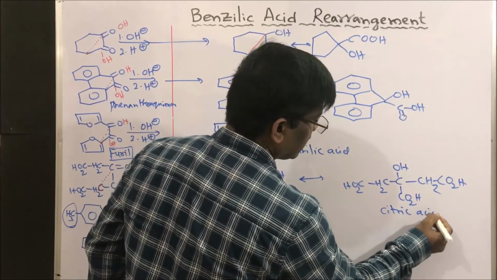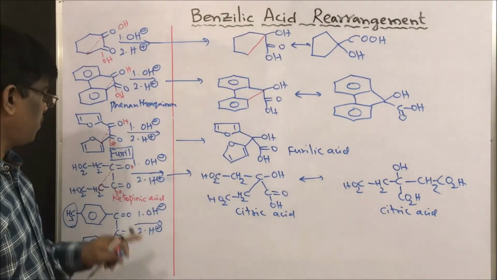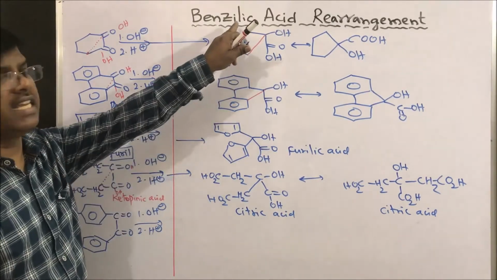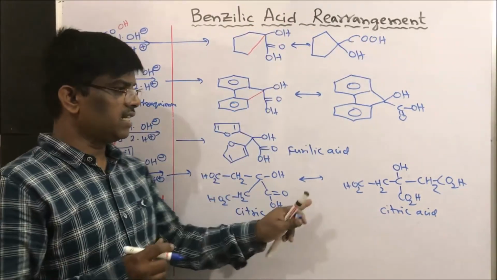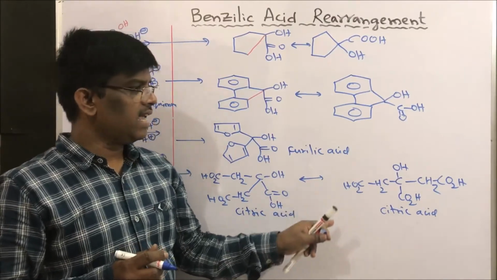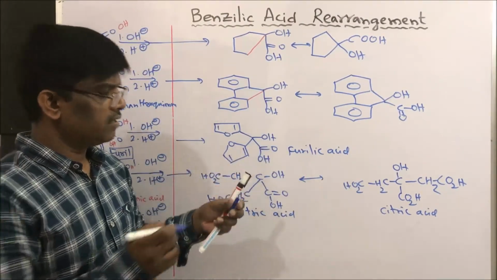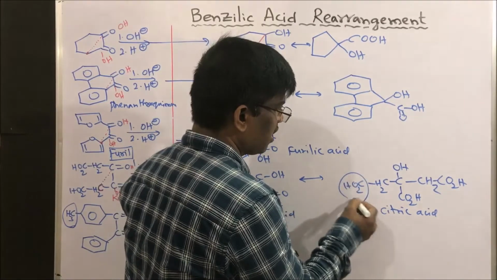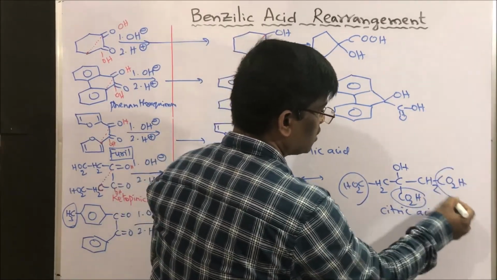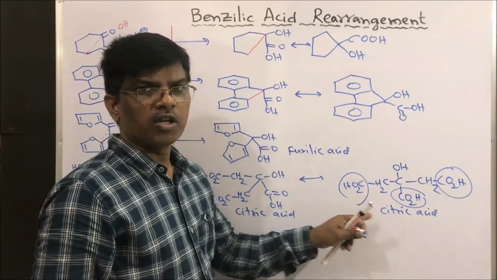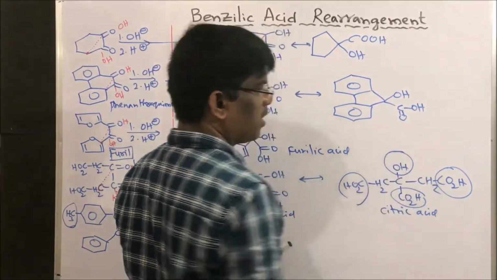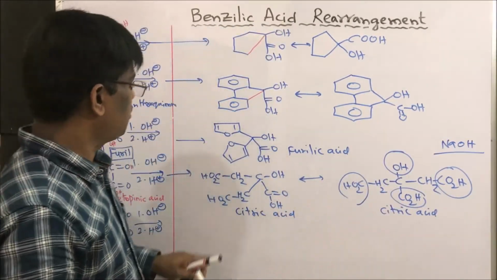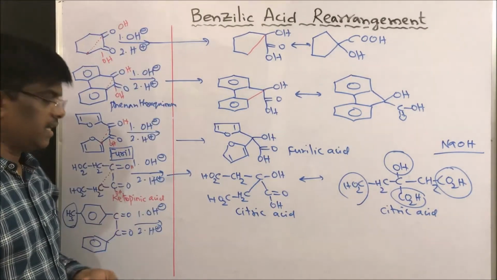Citric acid can be prepared from ketopenic acid by benzilic acid rearrangement. It is very important. So citric acid, one more thing, is a tricarboxylic acid. How many carboxylic acids are there? Tricarboxylic acid. And one more hydroxy group also is there. Citric acid can be prepared by benzilic acid rearrangement.